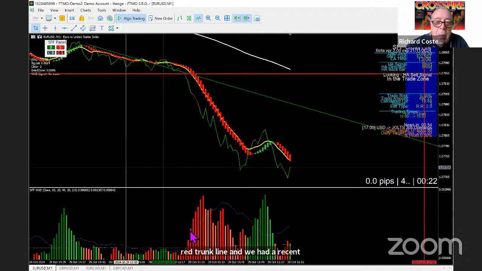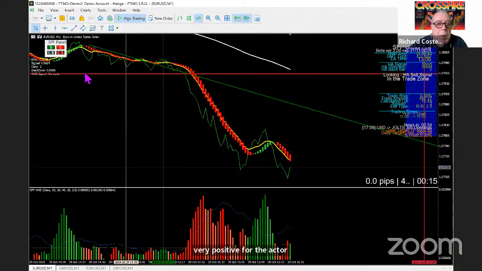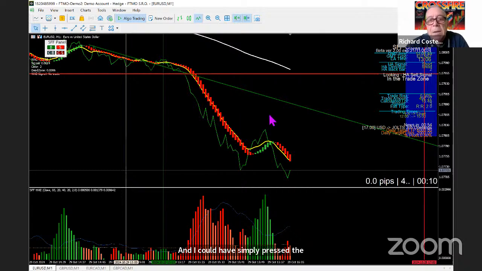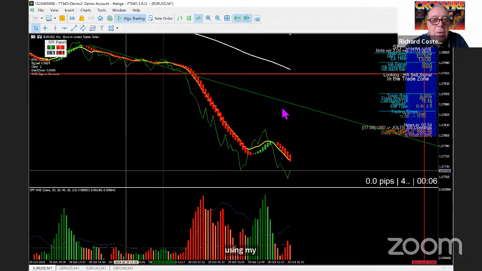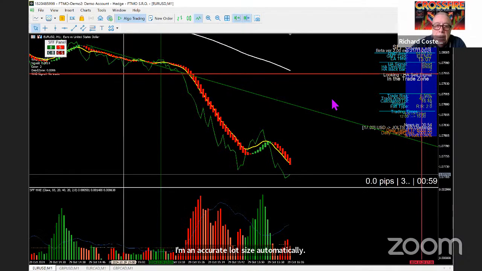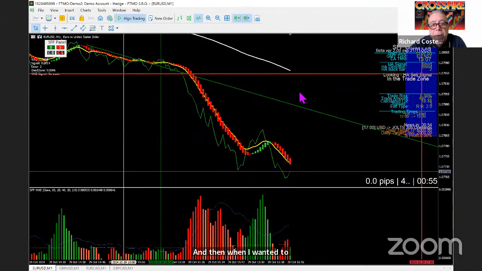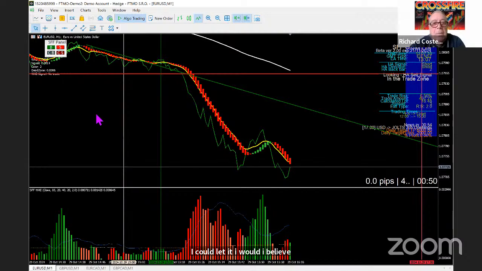And here we had very positive water, and I could have simply pressed the sell panel there, and it would have got me in using my 3-pip stop loss, 6-pip take profit, and an accurate lot size automatically. And then when I wanted to, I could let it. I believe I've got to cancel the sell when I want to get out.